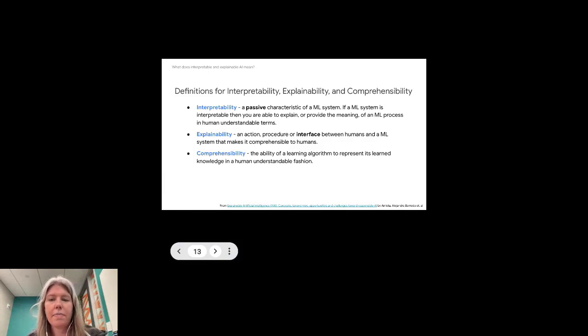Whereas explainability is more about the interface or the techniques or the services that you apply on top of a machine learning system to make it interpretable. And then there's this idea of comprehensibility: let's say you have a machine learning model that you've developed over some set of data. If that model can represent to you something about what it's learned about the world, then that would be comprehensibility.